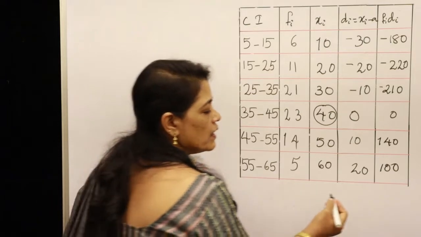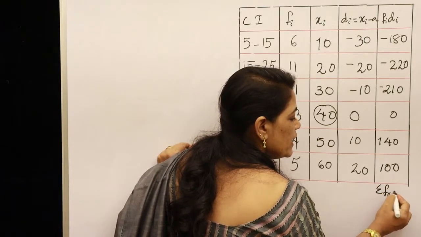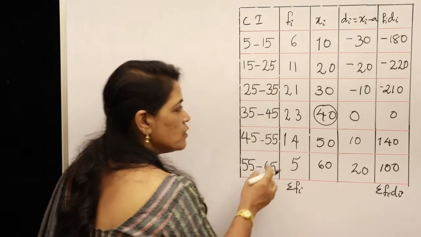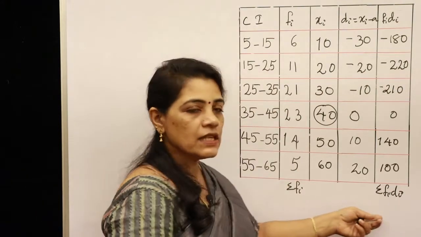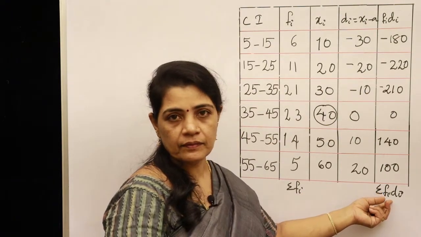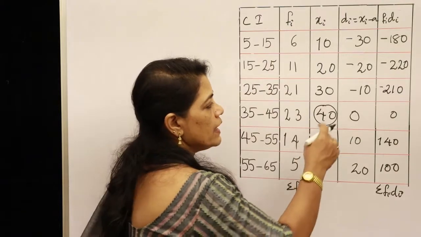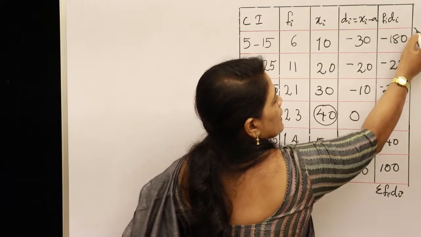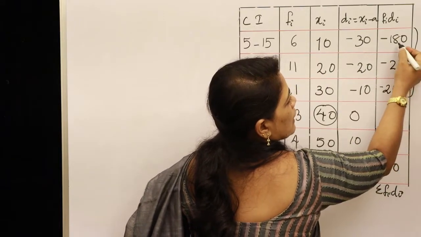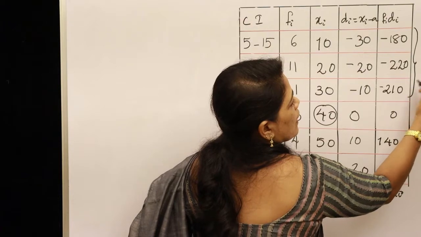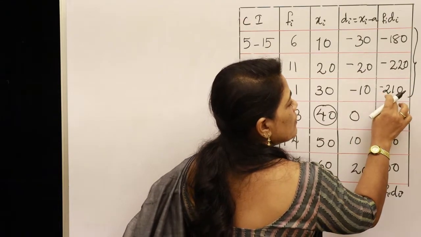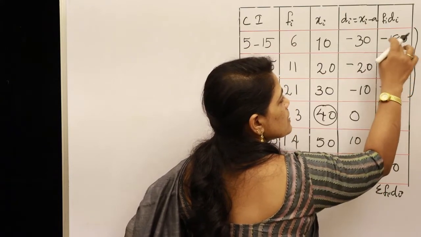Now we have to find out sigma fi di and sigma fi. After filling all the entries of this distribution table, find out sigma fi and sigma fi di. Here we can see, add all the negative values first. 0, 8 plus 2 and 1 is 11, 10 plus 1 is 11, 1 carry, 1 plus 2, 3 plus 2, 5 plus 1, 6.